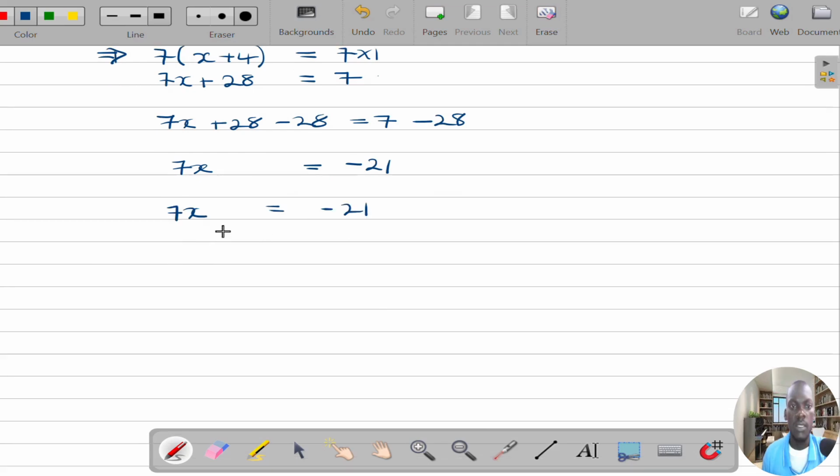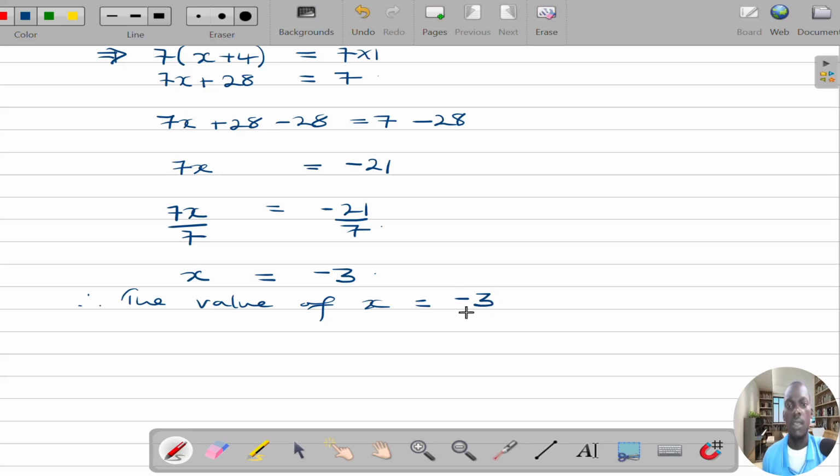Our x becomes -3. We can now conclude and say therefore the value of x is -3. And this one becomes our right answer.